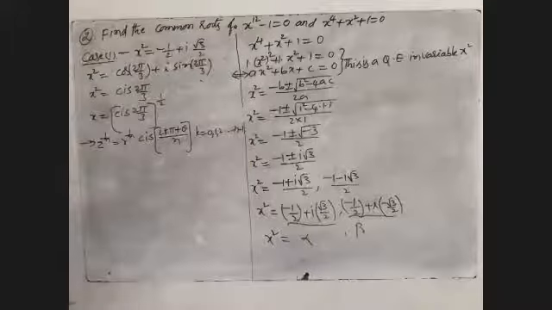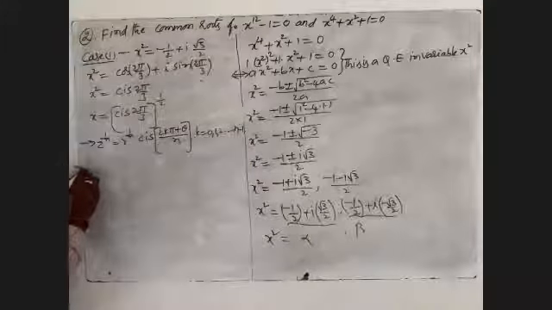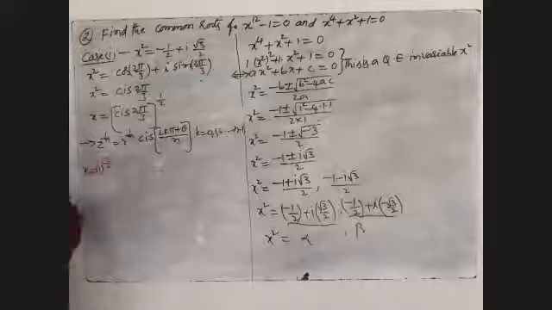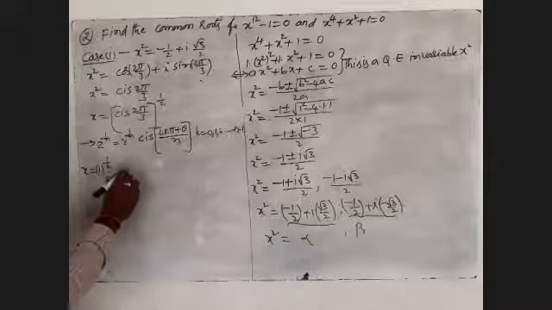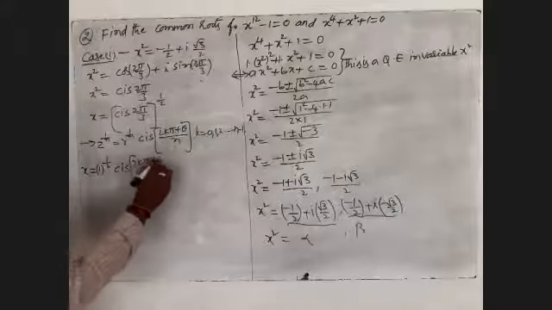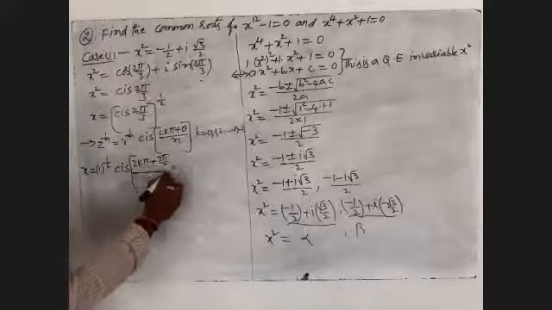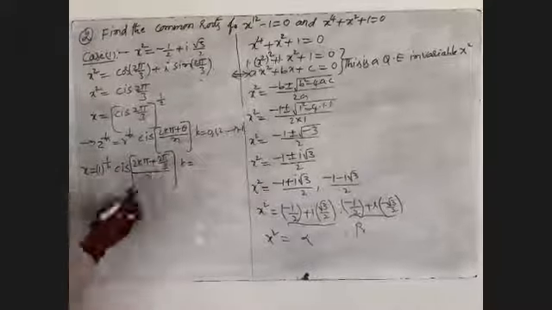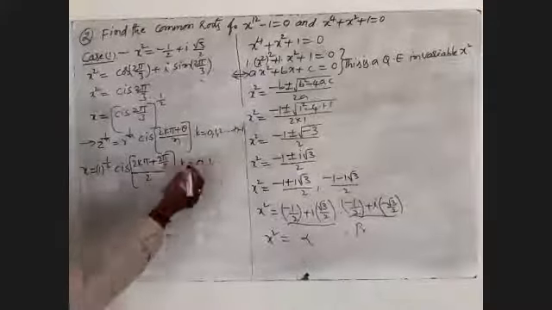That means x is equal to 1 power 1 by 2 into cos of 2k pi plus theta, where theta is 2 pi by 3 and n value is 2, so k is 0 comma 1.